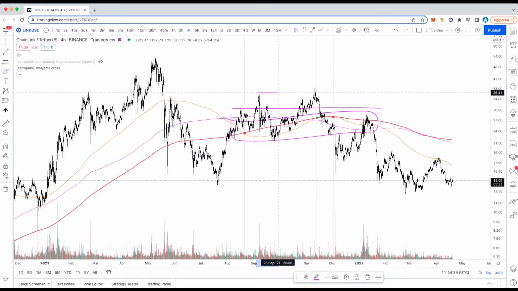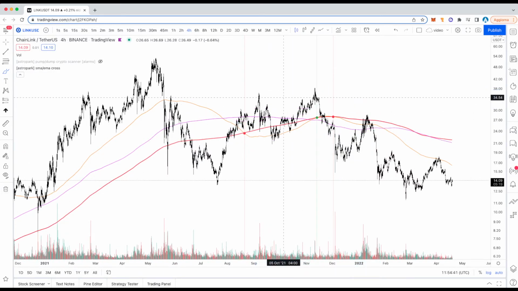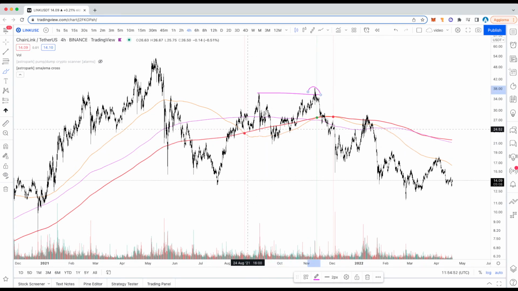Okay, so for example, what I do see here, I see price making a deviation above a recent high. Okay, and somehow this could have been the range, but let's do this better.